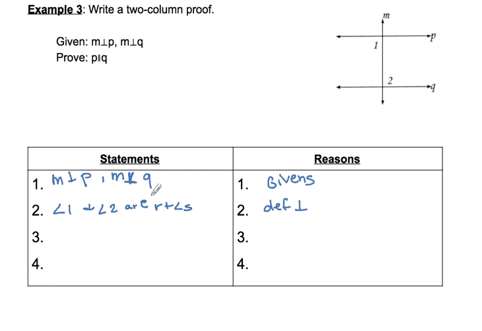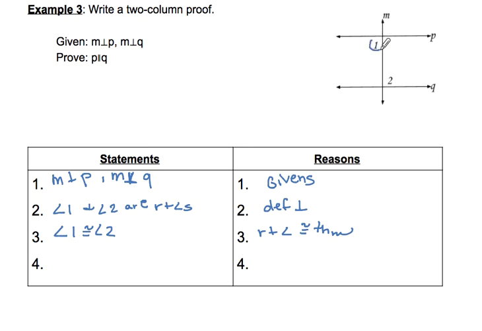So since they are both right angles, I know that all right angles are congruent because they all have a measure of 90 degrees. So the right angle congruence theorem is going to let me say that angle 1 is congruent to angle 2.